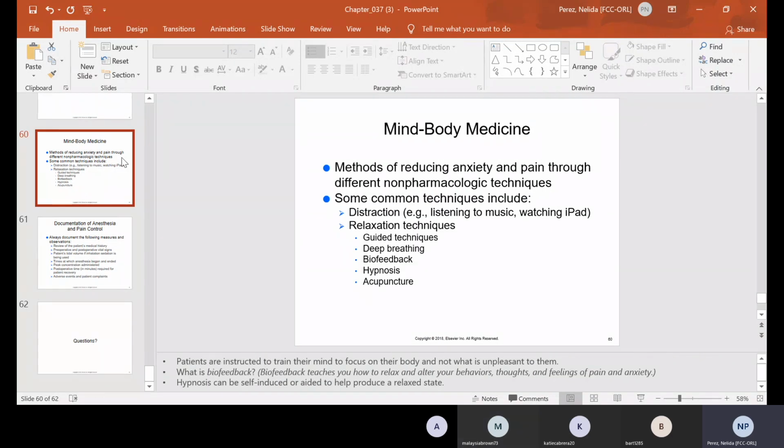Mind-body medicine. So there are methods of reducing anxiety and pain through different non-pharmacological techniques. Some common techniques include distraction, like listening to music, watching their iPad. Some doctors have TV, put on videos, relaxation techniques, guided techniques, deep breathing, biofeedback, hypnosis, acupuncture.